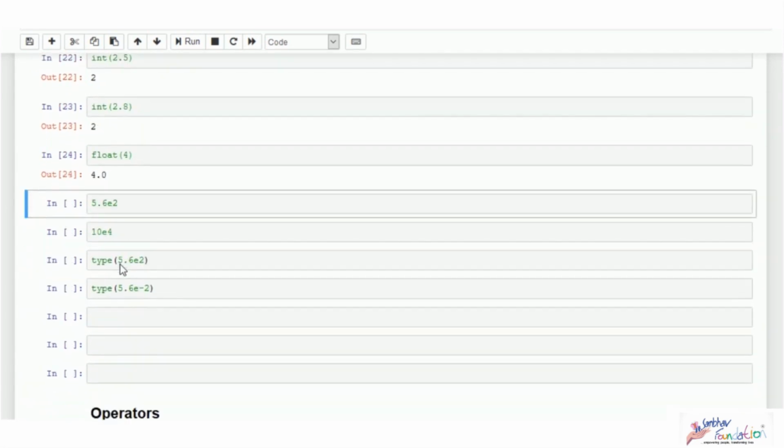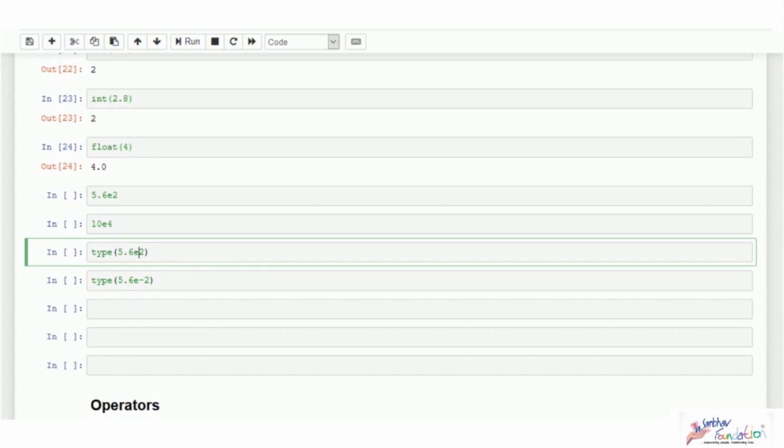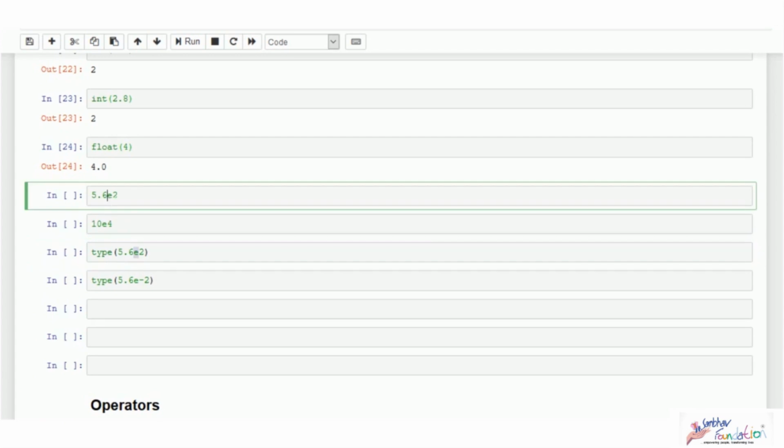And then for scientific representations, we use the letter small e. This small e stands for, you can say, into 10 power. So 5.6 E2 means 5.6 into 10 power 2. 10 power 2 is 100, so 5.6 into 100 is 560.